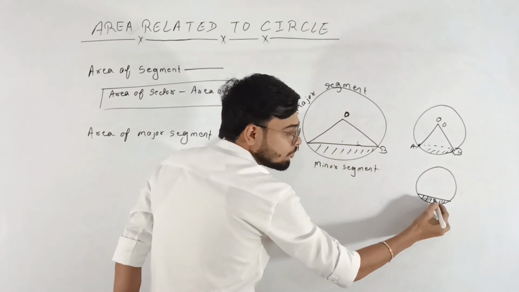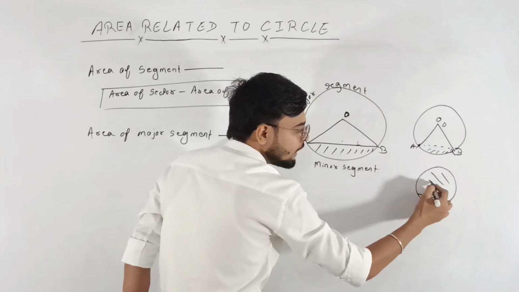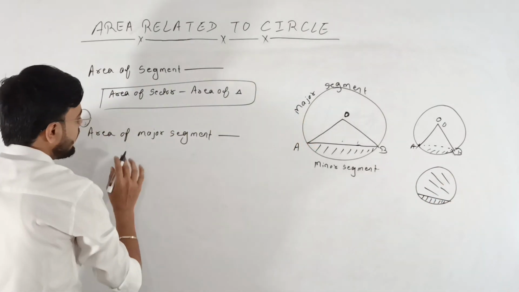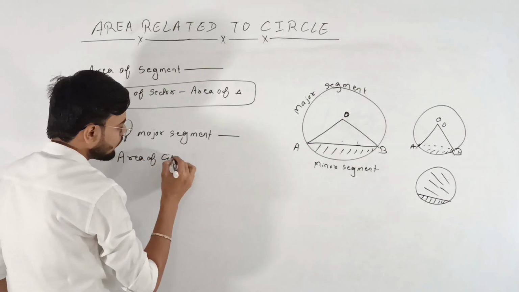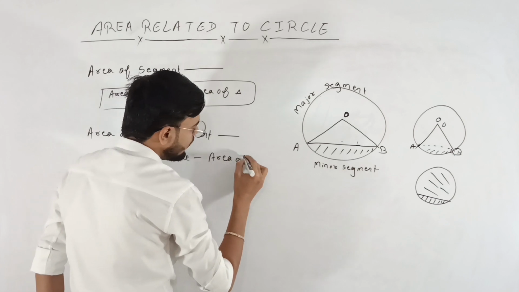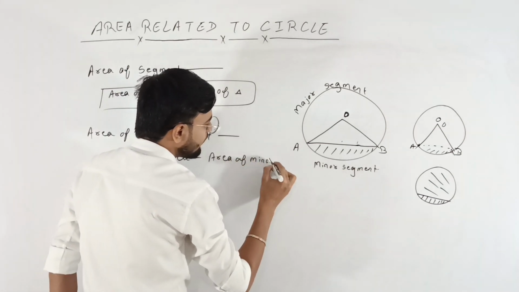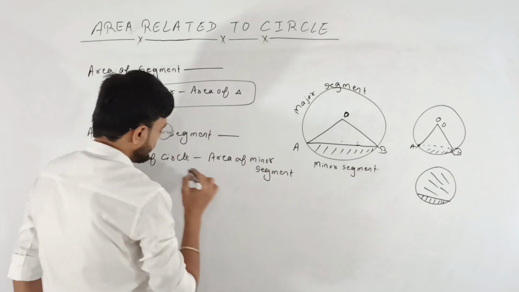If I subtract it from the whole circle area, then I get the area of this part, that is the major segment. So the area of the major segment is the area of the circle minus the area of the minor segment. Understood?